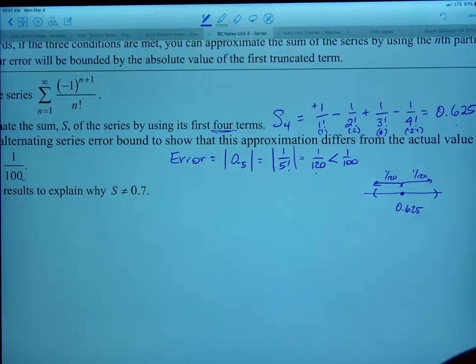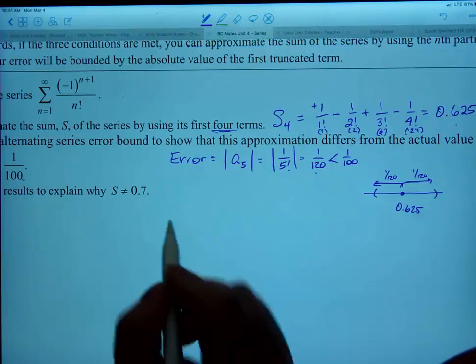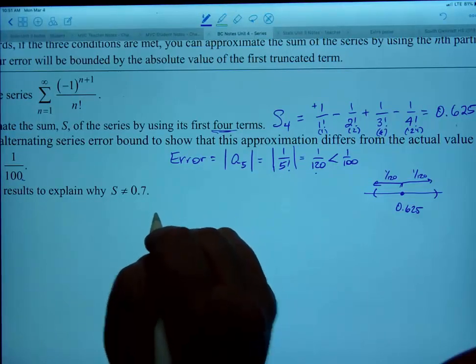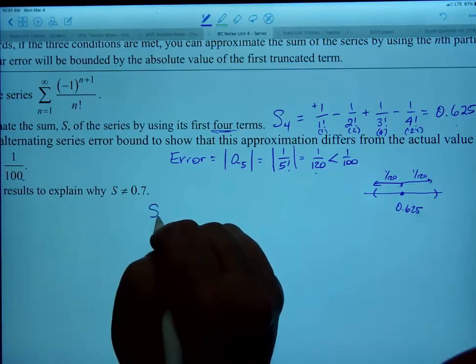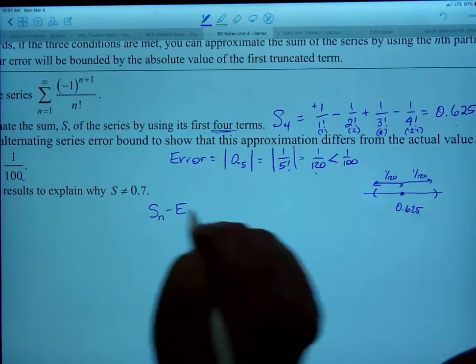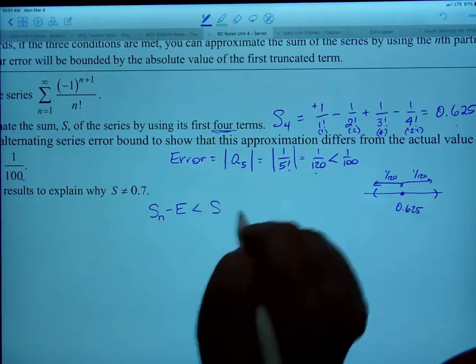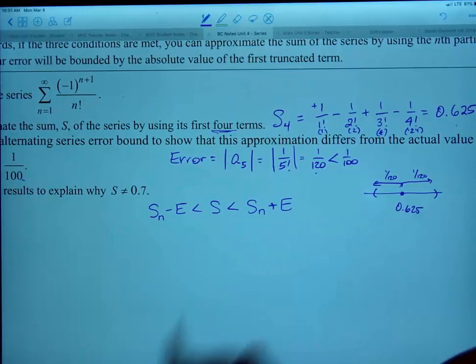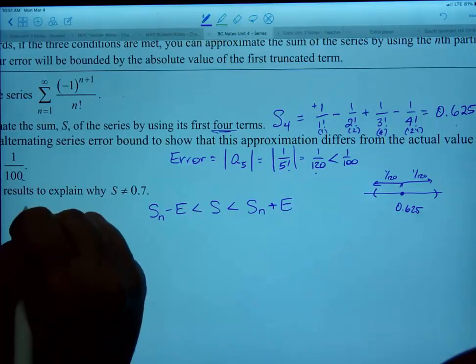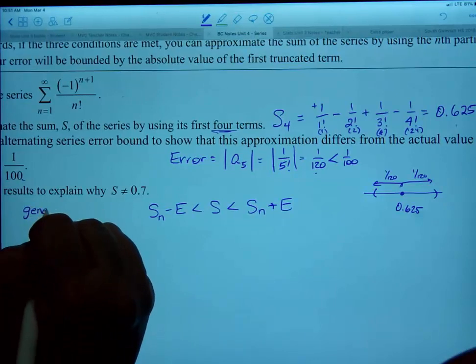And that's where this formula comes from: S sub n minus E is less than S is less than S sub n plus E. This is the formula you wrote on your card. Let me explain where this comes from. That's the generic formula for the window of error.